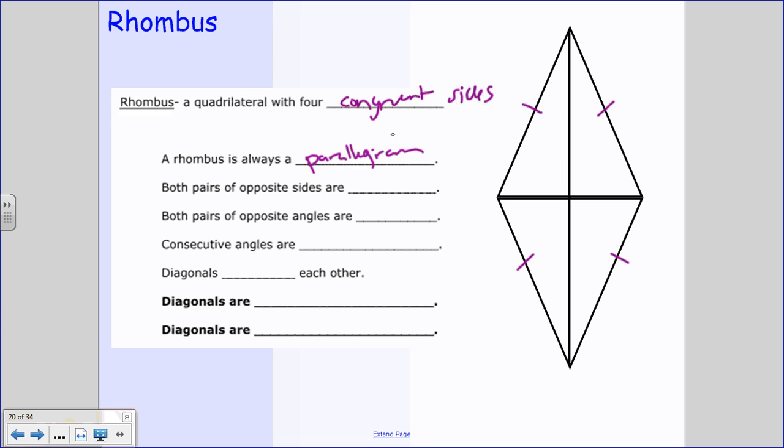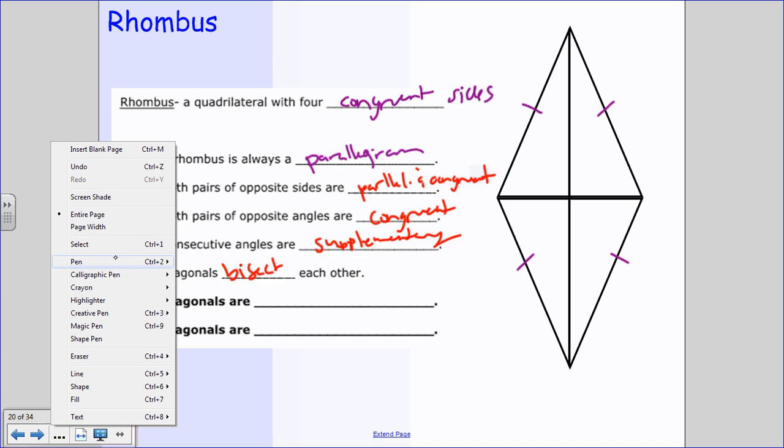And when I say that, again, both pairs of opposite sides are parallel and congruent. Both pairs of opposite angles are congruent. Consecutive angles are supplementary. And the diagonals bisect each other.